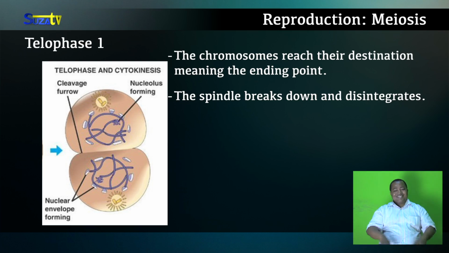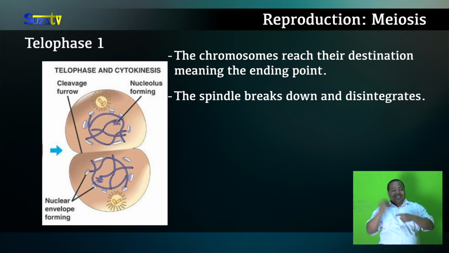The reason is that, as we said earlier, the function of spindle fibers is to carry, or we may say hold, the chromosomes so as to move from one place to another.